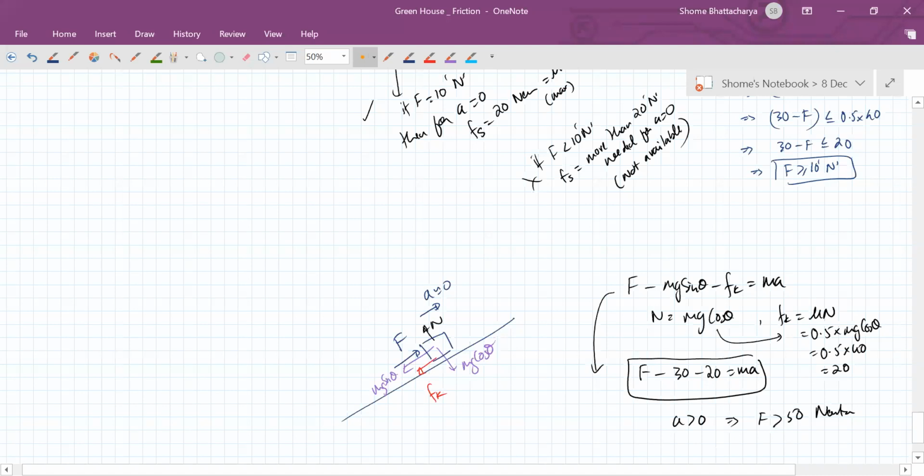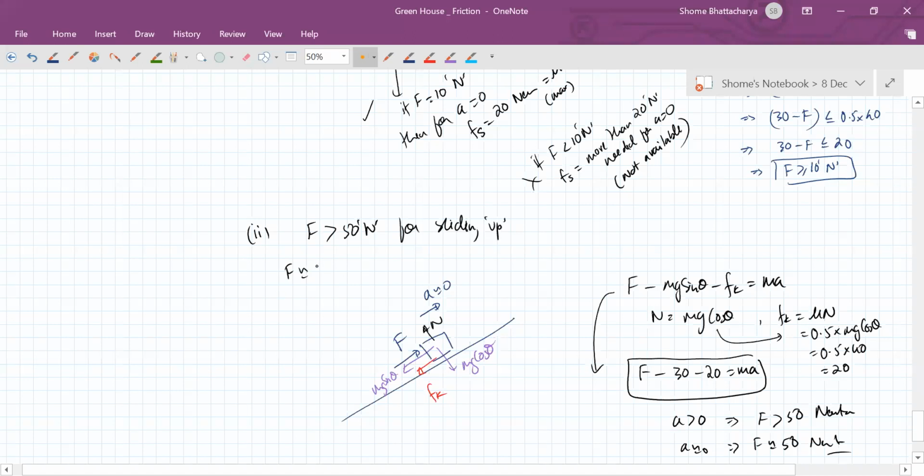So just about 50 newtons is also fine. A is tending to 0, so F is tending to 50 newtons, just a slightly larger amount than 50, and it will start to slide upwards. So understood now? So we need a force of greater than 50 newtons for sliding up the inclined plane.